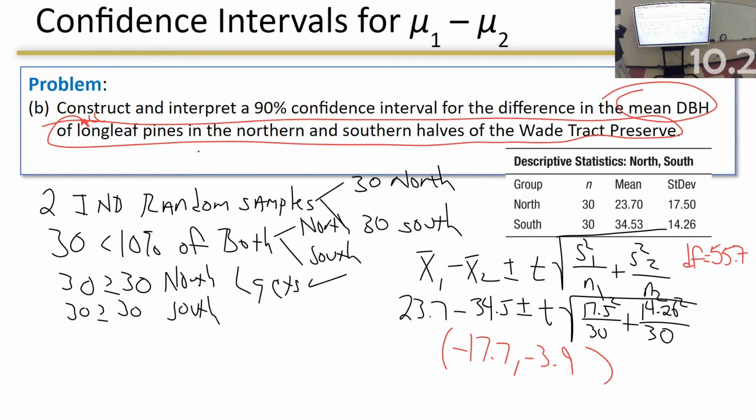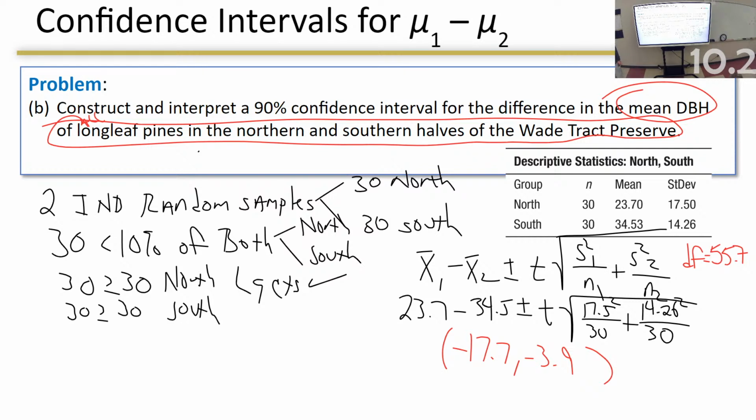You can list it down that way: X bar 1 equals, X bar 2 equals. But you can't have just the method and that interval. That's why I go from here to here, because it's obvious what each of them is. You don't have to tell me what T is. I used to make students do it, and then I told them they don't have to, but I'm changing that up this year. It's not part of the rubric on the AP.